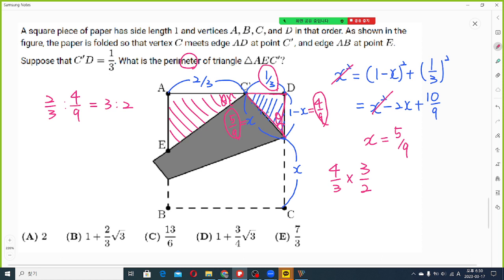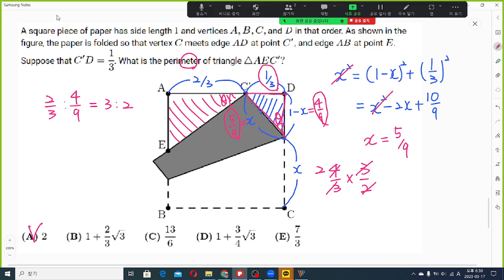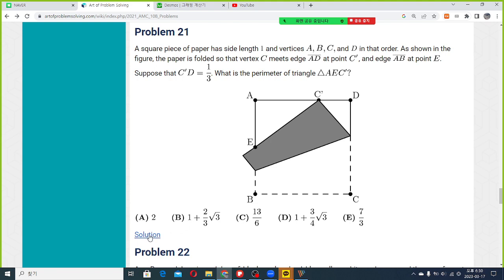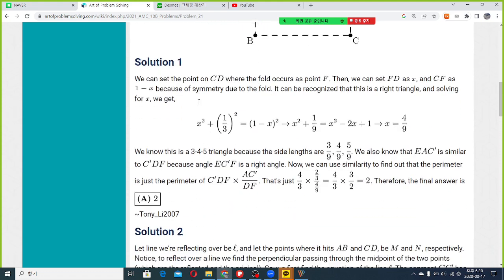Because the scale factor is 3 to 2, the bigger perimeter will be the smaller perimeter multiplied by 3 over 2. So I think it's exactly 2. Maybe 2 like this. Let's see. Yep, 2.